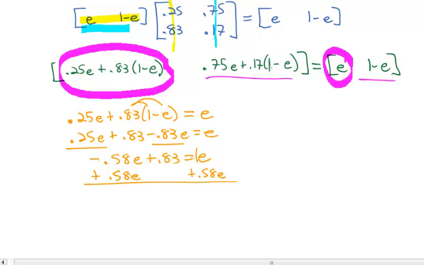Remember, that's 1e plus 0.58e gives us 0.83 equals 1.58e. Divide both sides by the 1.58. And e equals, let's get rid of the decimal points by moving them twice, 83 over 158.